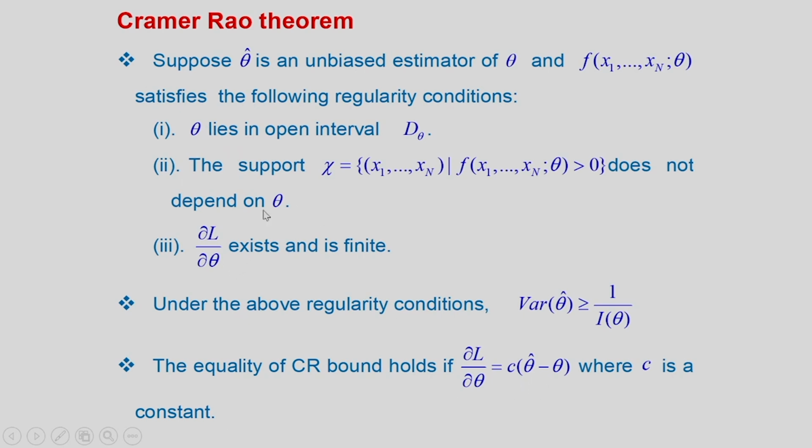So, these regularity conditions are fairly general, not very restrictive, and under these regularity conditions, the Cramer-Rao theorem says variance of theta hat is greater than or equal to 1 by I theta. The equality holds when the partial derivative of the log likelihood function can be written in this form, C into theta hat minus theta.